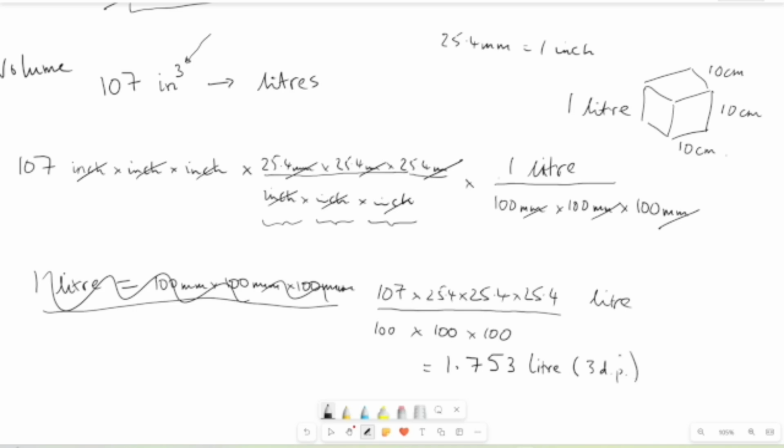And so a 107 cubic inch Harley-Davidson has an engine capacity of 1.753 litres. So I hope you can see the advantage of using this method.